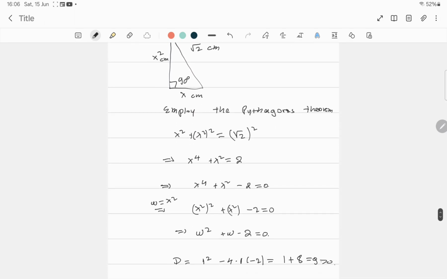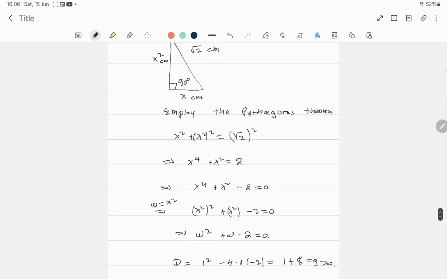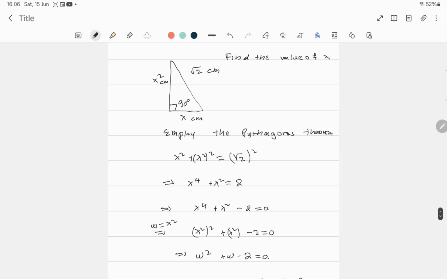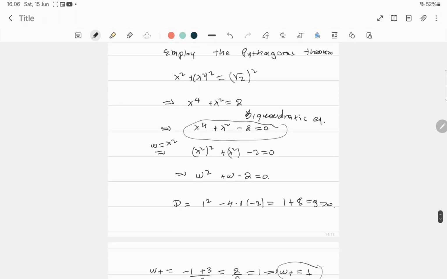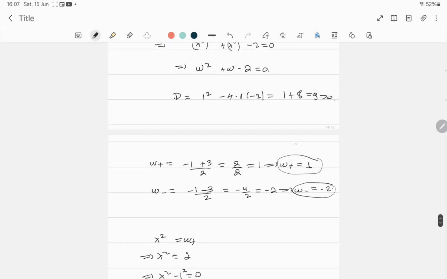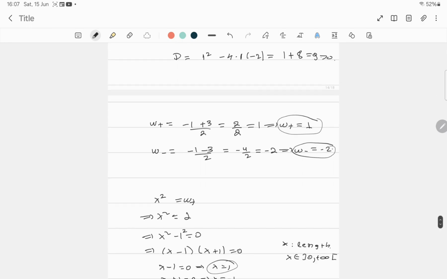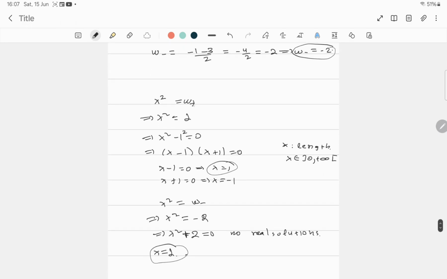This is a nice problem because we combine geometry with algebra. So we see here that we obtain what is called a biquadratic equation. This one is a biquadratic. We change the variable. We solve the trinomial equation, calculating the discriminant and finding the two roots, and then we switch back to the original variable, which is x.